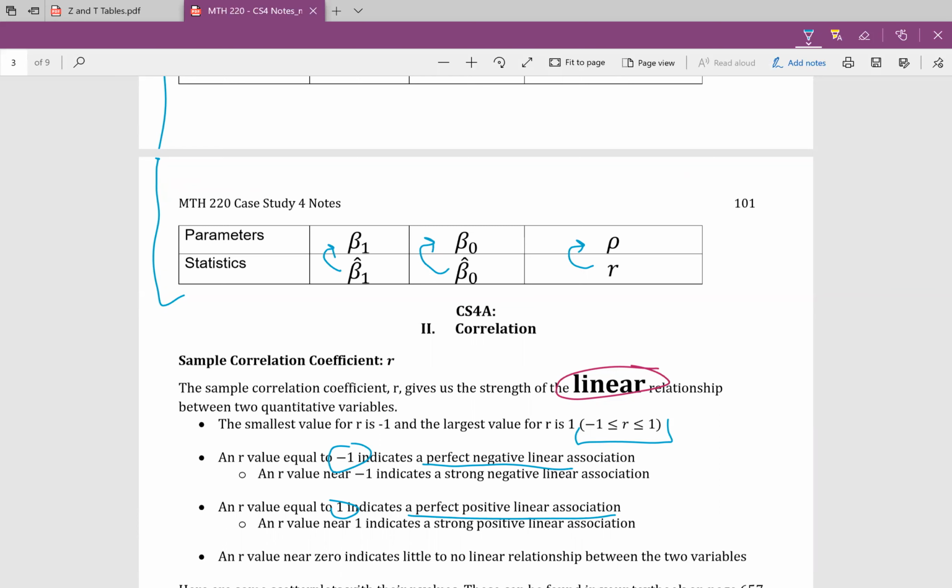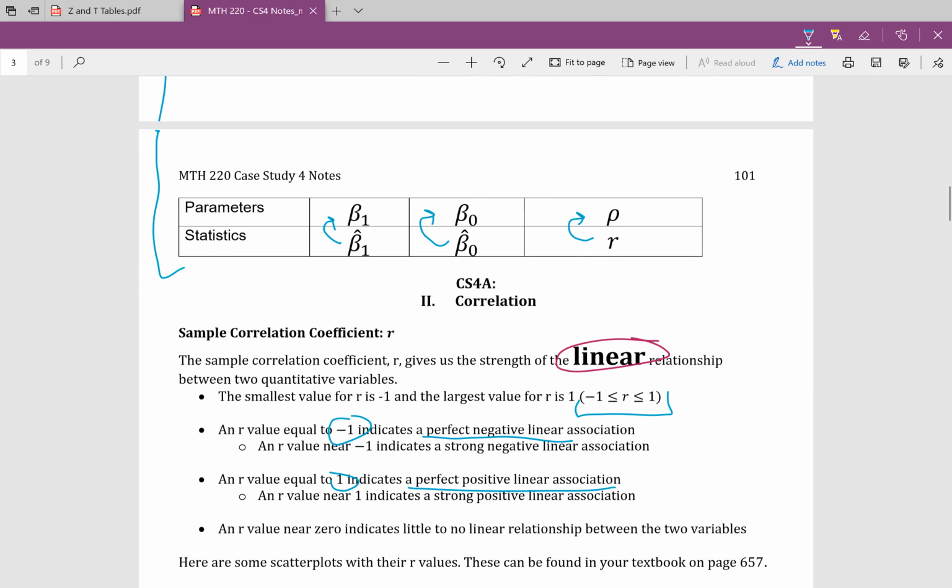And an R value near 1 indicates a strong one. So notice it's not perfect, but it's still strong positive. An R value near 0 indicates little to no linear relationship between the two variables. So if you get an R value near 0, that's telling you there's not a linear relationship evident here.